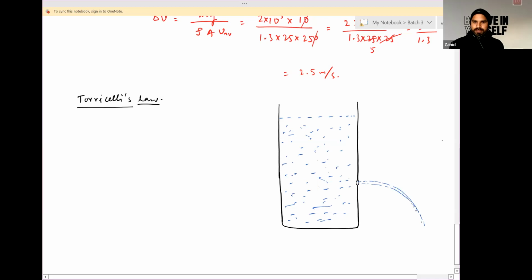So Torricelli's law basically defines how to calculate, or how the velocity of liquid, the velocity of ejecting liquid, will behave.